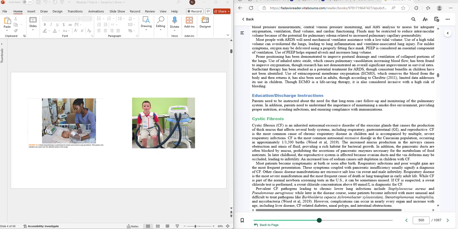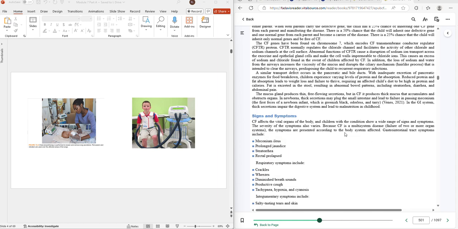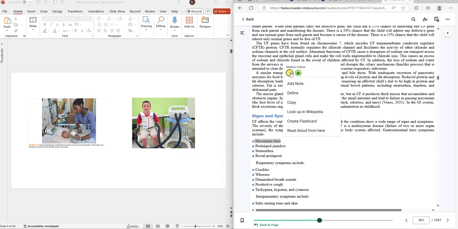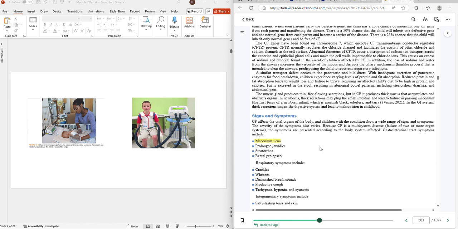The book does a really good job of describing the signs and symptoms even. But I want you to make note, as a Lincoln Lollipop, the very first sign and symptom you're going to see is a meconium ileus, okay? You may see some prolonged jaundice, steatorrhea, rectal prolapse, but definitely that meconium ileus, okay? So make sure that's the Lincoln Lollipop.